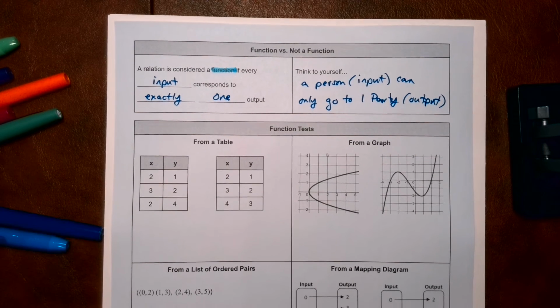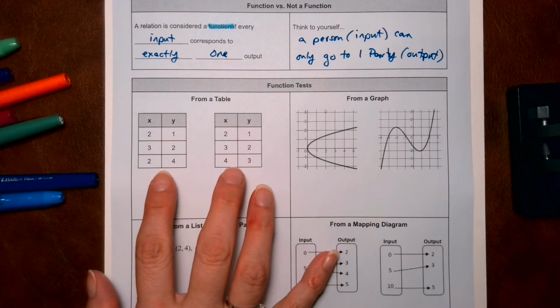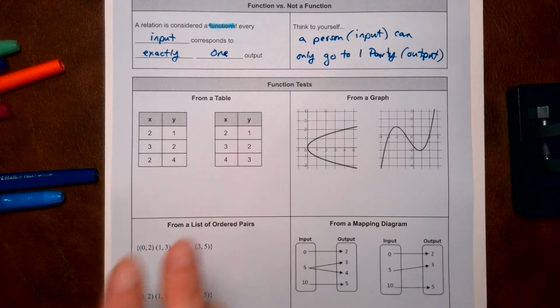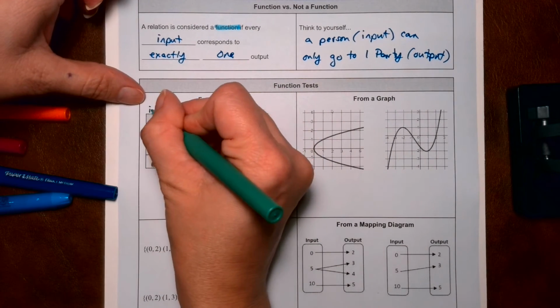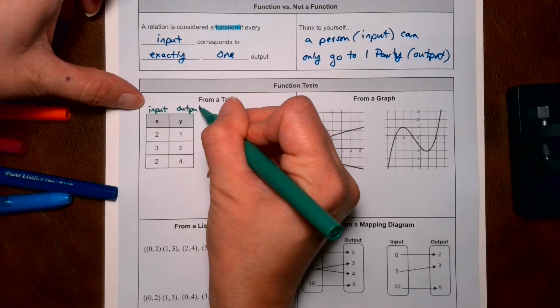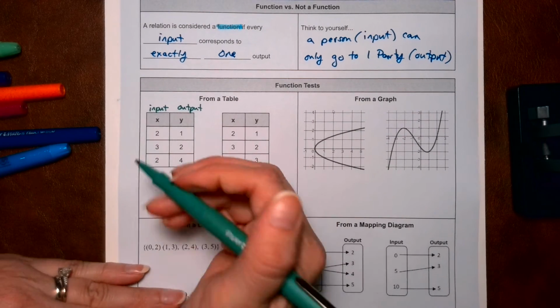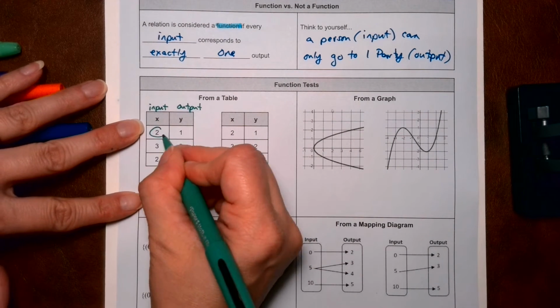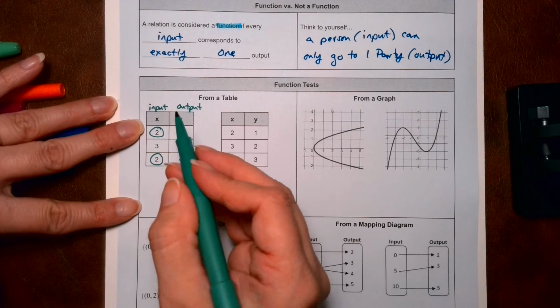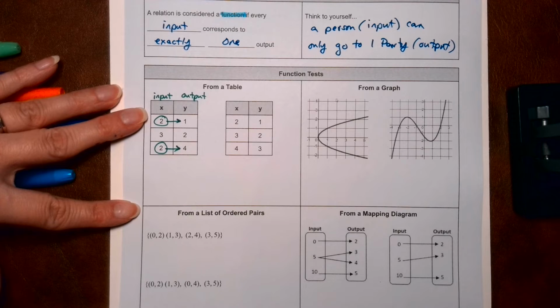Let's look at some of these things here to see if they are functions or not. So what if your information is in a table? Here's the inputs, and here's the outputs. I want to look very carefully to see, are any of these people repeated? Uh-oh, person 2, what are you doing, sneaky person? Can person 2 go to party 1 and to party 4?